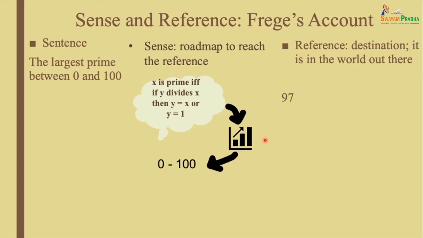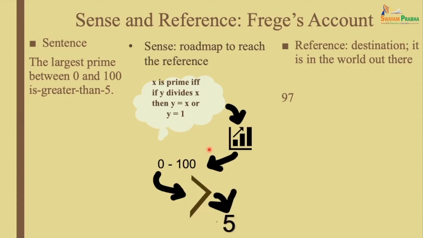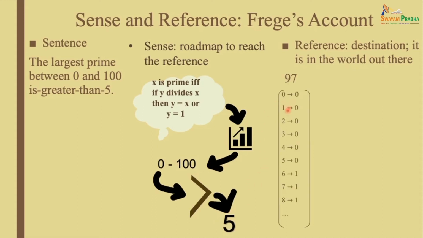So this is one meaning element, the sense. Then the rest, consider is greater than 5. So is it greater than 5? Once again, you follow a path. So you compute greater than and then 5 and everything. And what it yields here is this function where everything greater than 5, 6 onwards, is mapped to 1, and everything less than or equal to 5 maps onto 0.